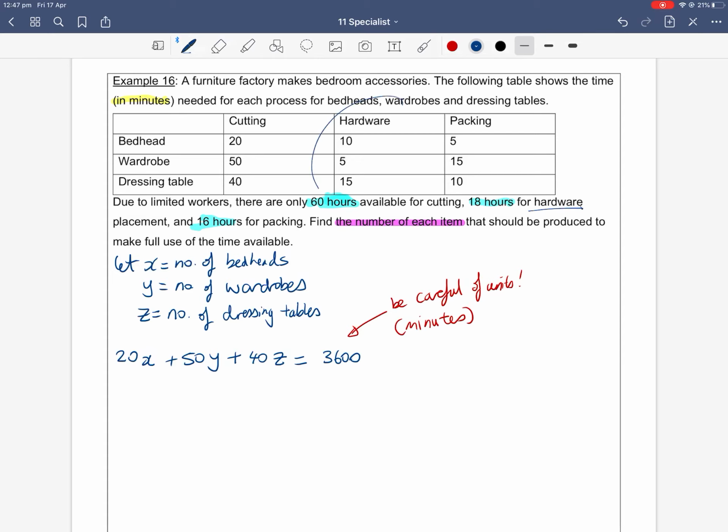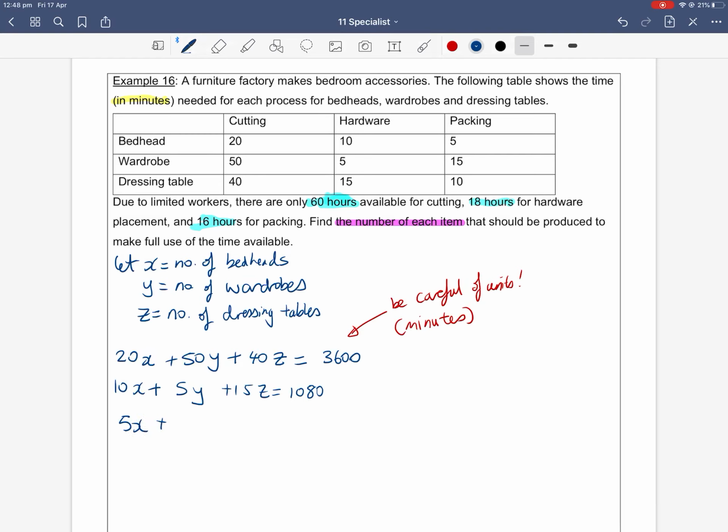Our next equation we want to consider is the number of hours for hardware making. So hardware, looking downwards in the column of your table, it takes 10 minutes for bed, 5 minutes for wardrobe, and 15 minutes for dressing table. So 10x plus 5y plus 15z altogether gives us 18 hours. 18 hours is 18 times 60, which gives us 1080 minutes.